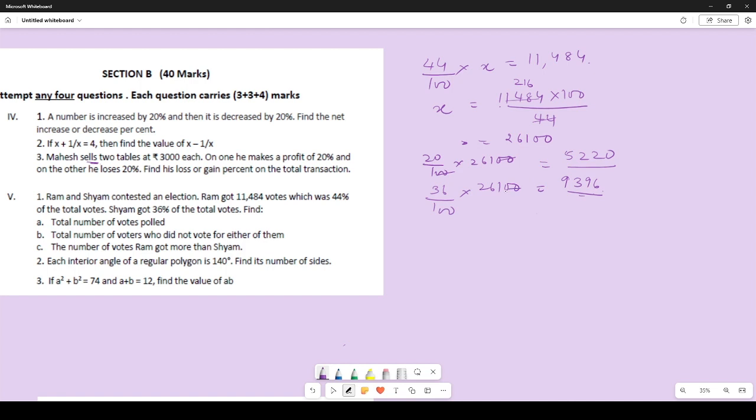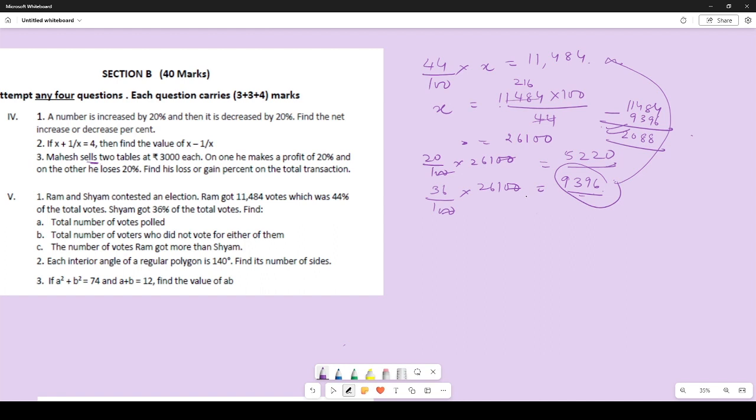Now you were supposed to answer not how many votes he got, but how many more votes did Ram get. So 11484 minus 9396 gives you 2088. That is the number which you were supposed to answer.